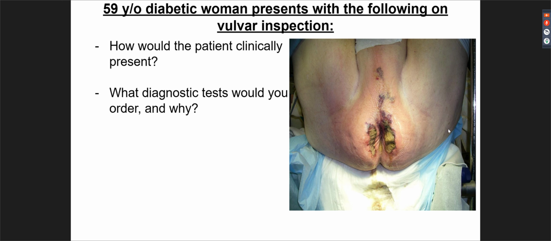It is a very serious infection that I believe in many cases is not just polymicrobial, but especially we think of anaerobic bacteria, and it basically causes devascularization and devitalization of the tissue, and it's a surgical emergency.